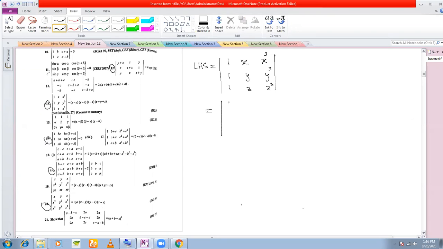So you keep the first row as it is, and you subtract the first row from the second row, and the first row from the third row also.